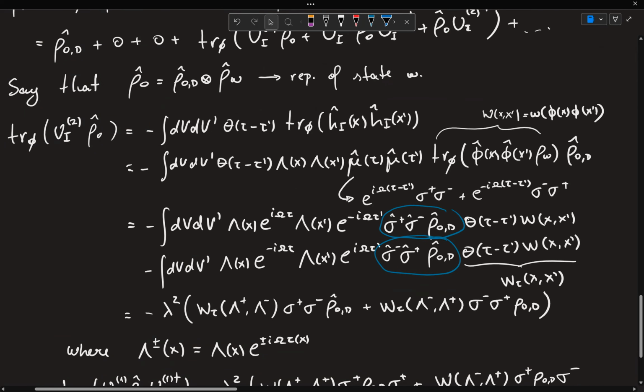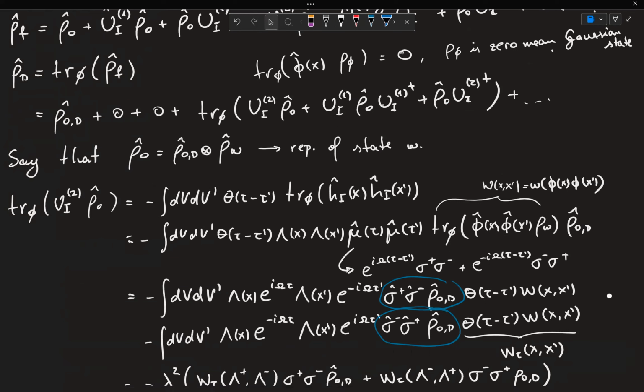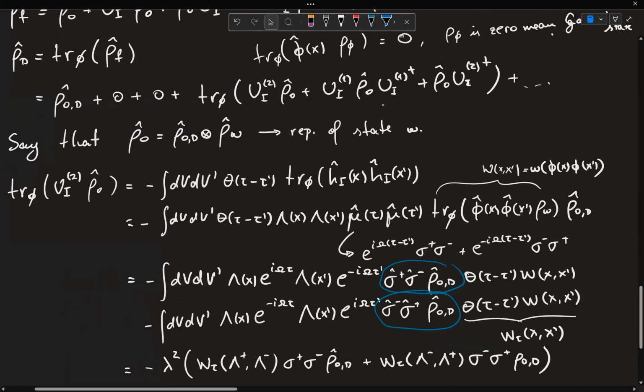And the quantum field density operator, it's being traced over here. So it doesn't factorize, it just acts, if you will, in the field operators as the states that we defined in algebraic quantum field theory. But basically, this rho 0d, it's a matrix. For all intents and purposes, this is a matrix that lives in C2, just like the sigma plus and sigma minus. So I guess the answer is yes, that it does factorize for every spacetime point.